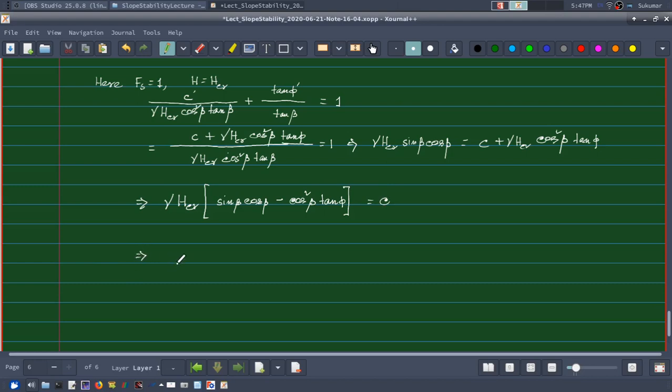Taking cos square beta common again, gamma H critical into cos square beta, this term will be sine beta by cos beta, so it will be tan beta minus tan phi, will be equal to C, and hence I'll get H critical.